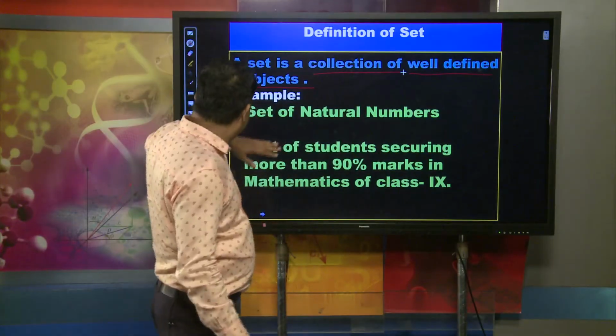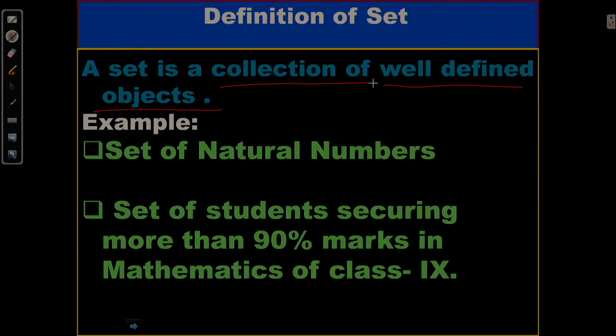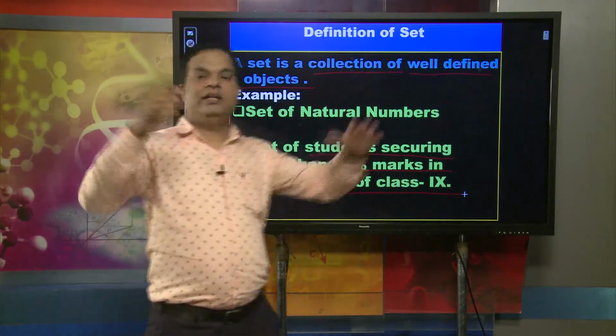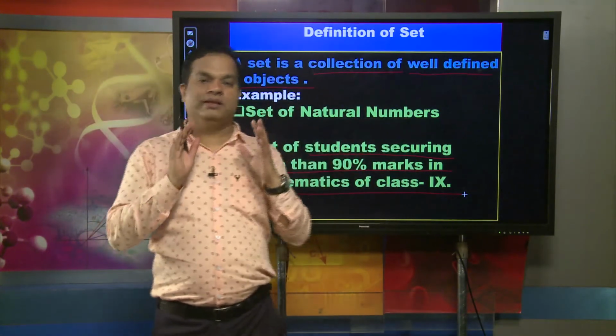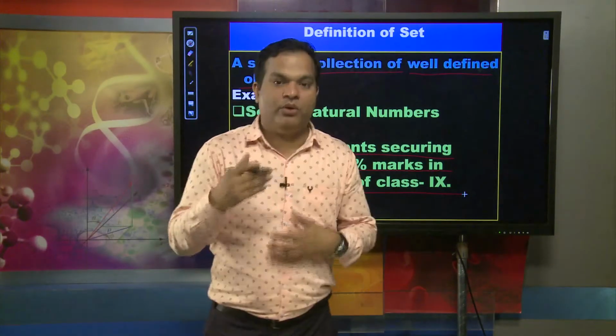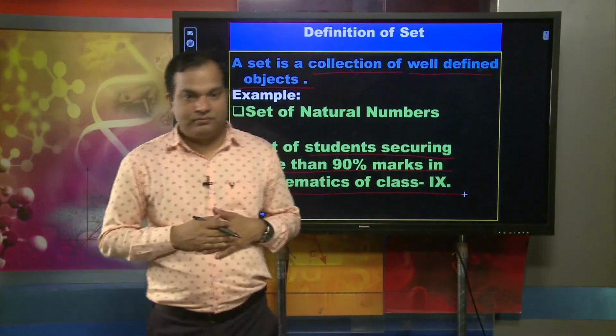Okay. Suppose example 2, I would like to take the set of students securing more than 90% marks in mathematics in class 9. In class 9, there are different students. We will form a set by taking the students who have secured more than 90% marks.